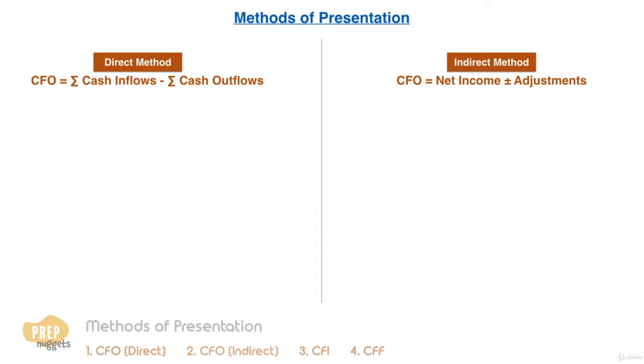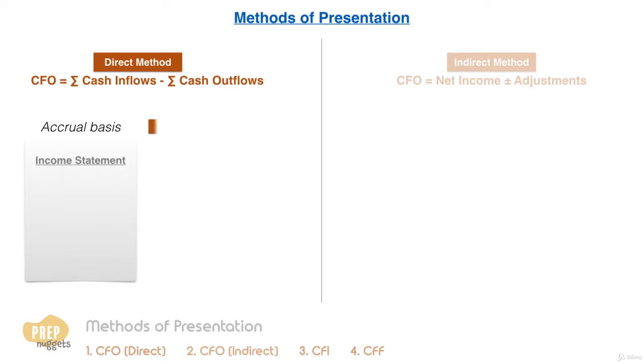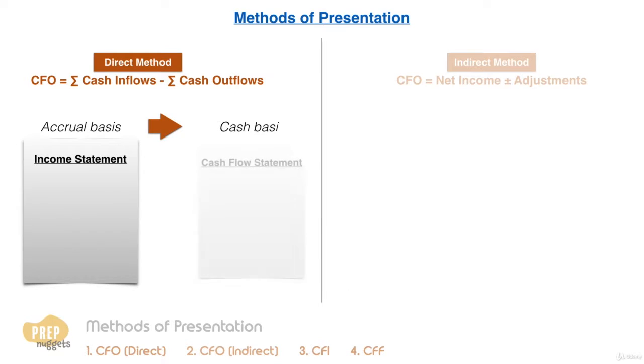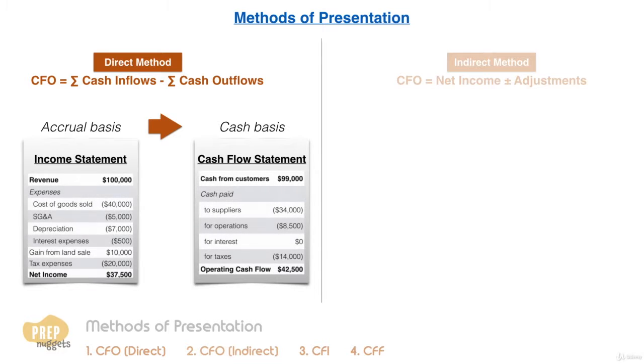Let's compare the two methods. Under the direct method, an accrual basis income statement is converted into a cash basis cash flow statement. Recall that under the accrual method of accounting, the timing of revenue and expense recognition may differ from the timing of related cash flows. Under cash basis accounting, revenue and expense recognition occur when cash is received or paid.